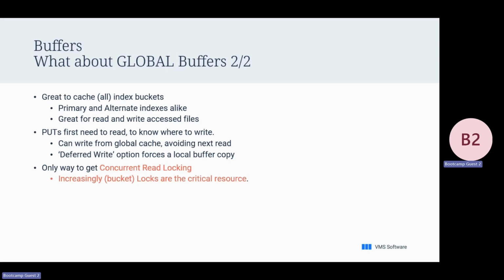And if Johan reads a record in the bucket and I read a record in the same bucket, why couldn't we be reading the same bucket at the same time, as long as nobody's changing it? So finally, in 7.3, concurrent read locking was made available by having some extra information next to the global buffers to indicate that a bucket is currently held in concurrent read mode.